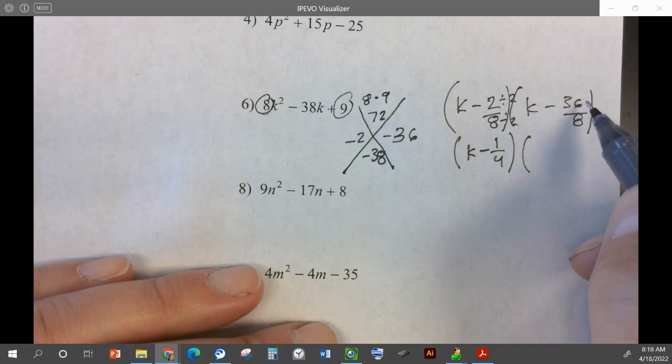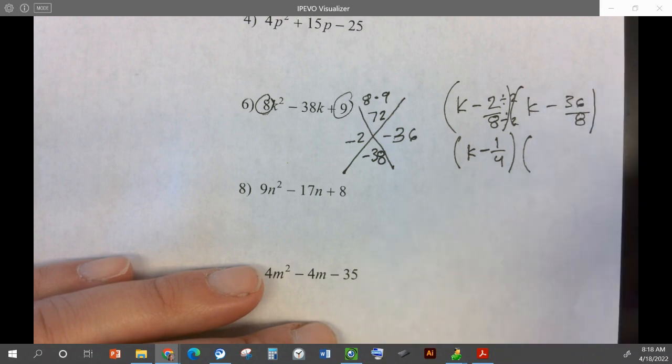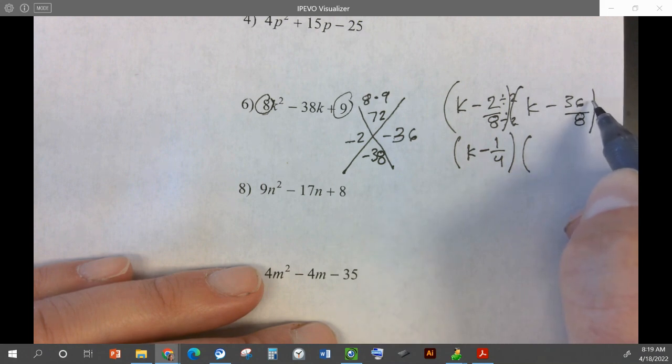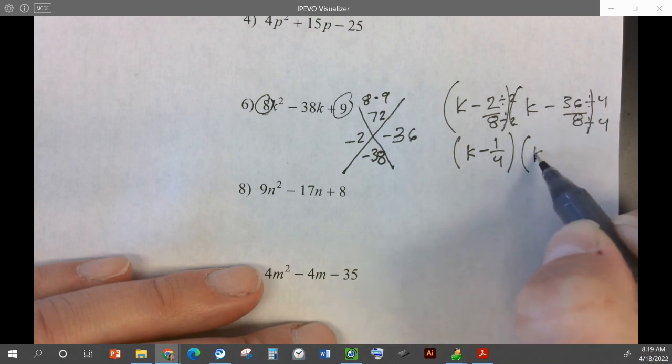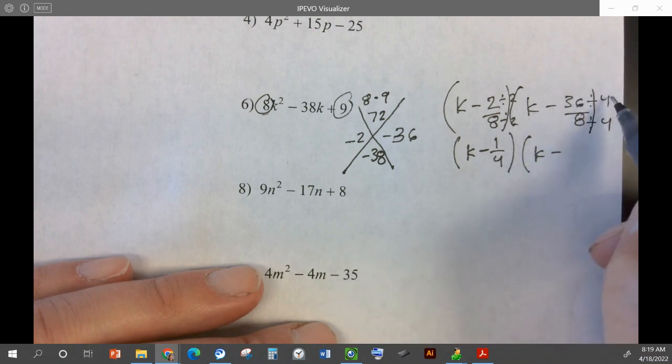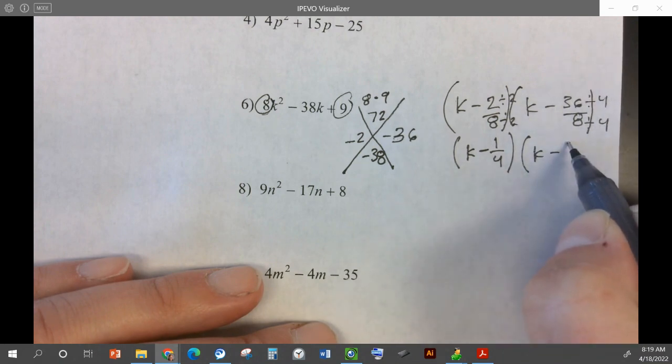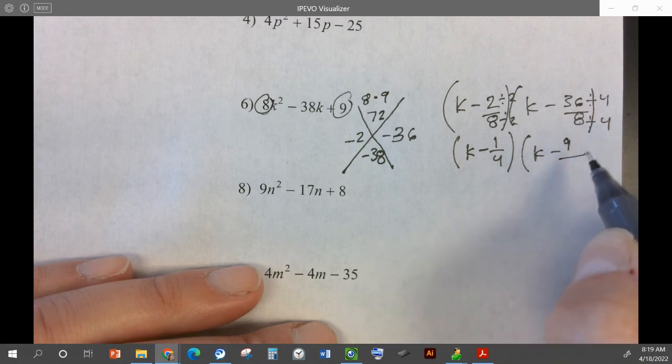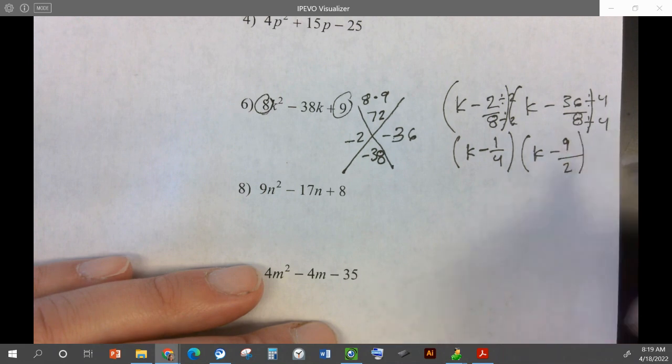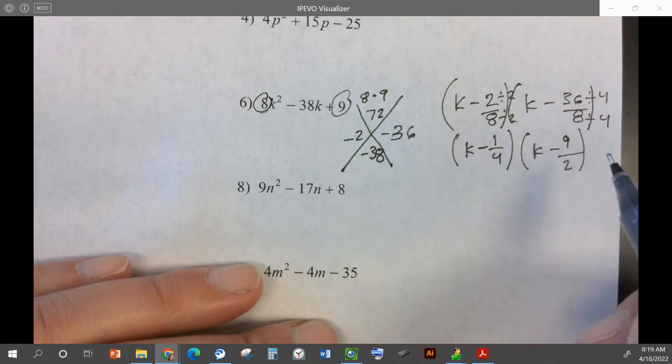And does 8 go into 36? Okay, so let's see. 4 goes into both of them. Perfect. So let's divide both by 4. So we've got k and then 36 divided by 4. Is that 12? 9? Thanks. 8 divided by 4 is 2. And then we're going to look and check and see if we can simplify any more.